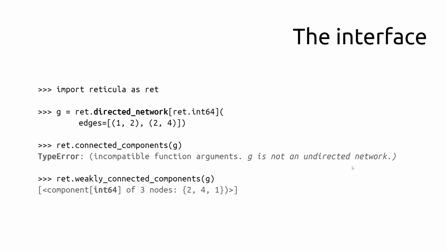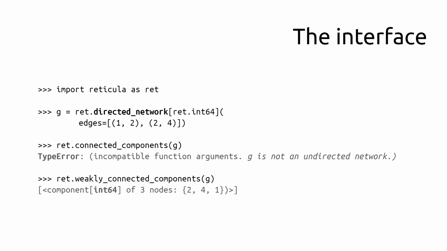So, do you mean weakly connected or strongly connected? So this package tries to disambiguate this by failing whenever you ask it to do something it's not sure about.